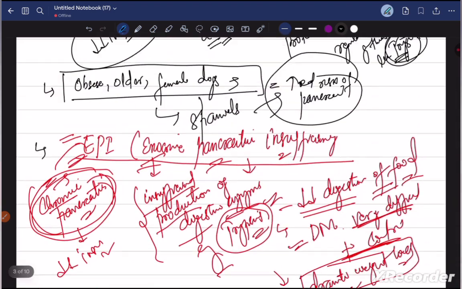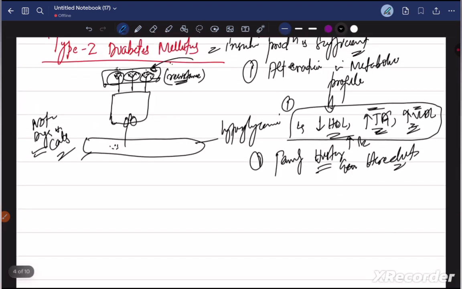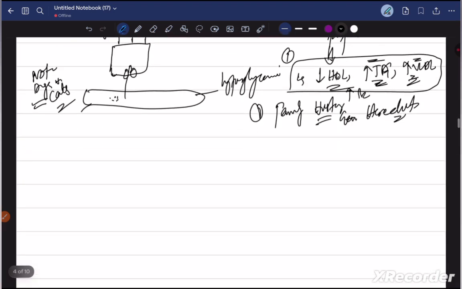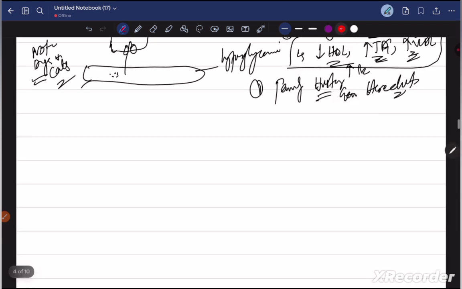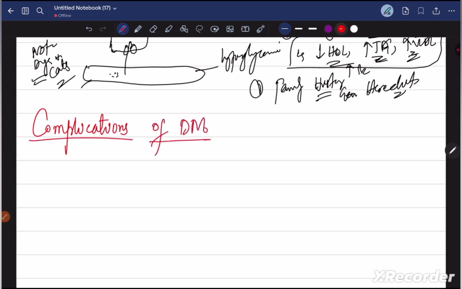I try to cover each and everything that is important for your examination point of view as well as for your clinical practice. Now, what are the complications of diabetes mellitus?